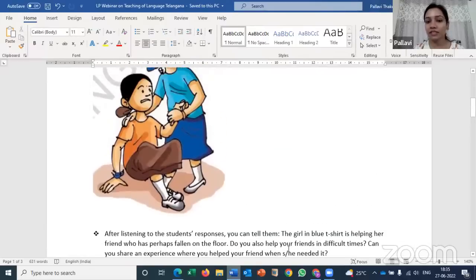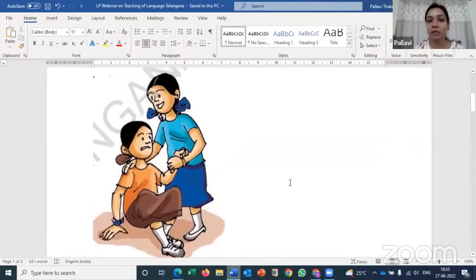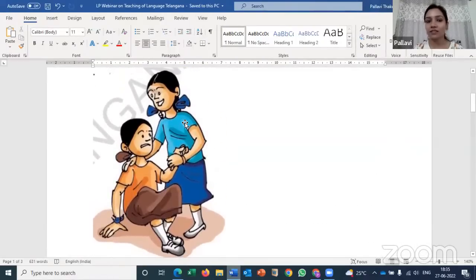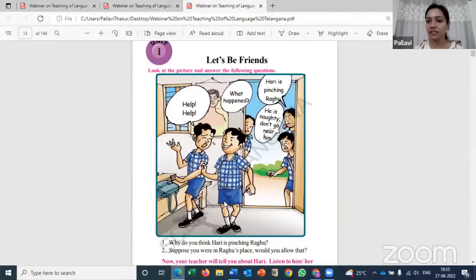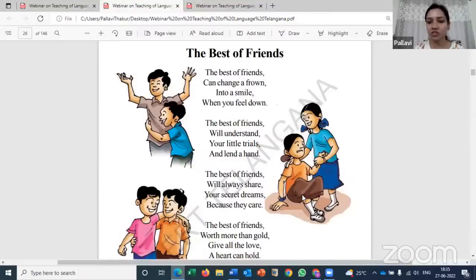So if you want to discuss the word trial with students, maybe it's a good idea to ask the children to look at this picture, which is given in the textbook itself. There are many other pictures as well, which you can use. Parthasarthi sir has already given you some ideas on how you can use them.